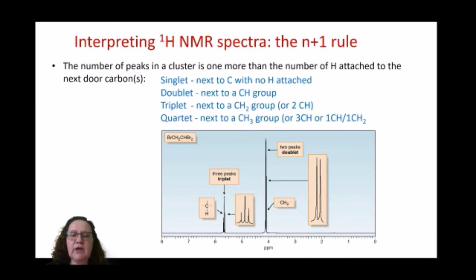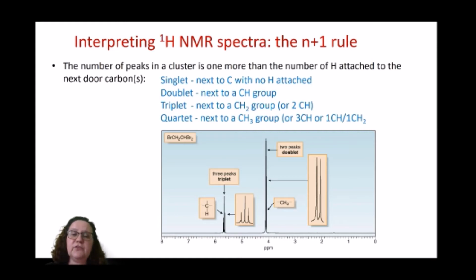When we have a singlet, one peak only, that says that the neighboring carbon has no hydrogens. If our peak is a doublet, that means the neighboring carbon has 1 hydrogen, so the hydrogen we are looking at is next to a CH group.